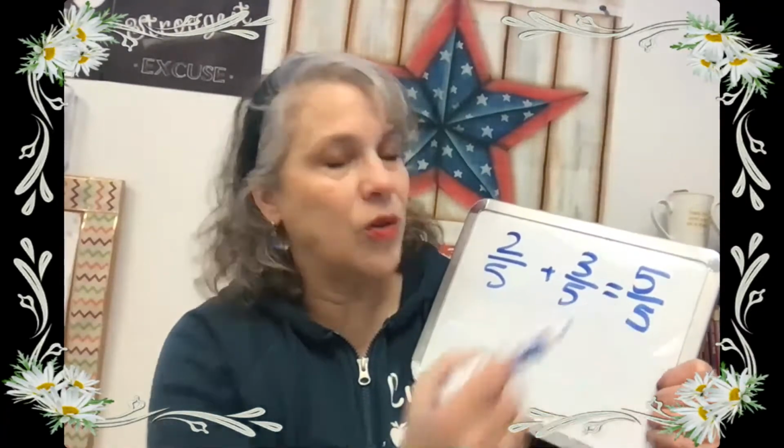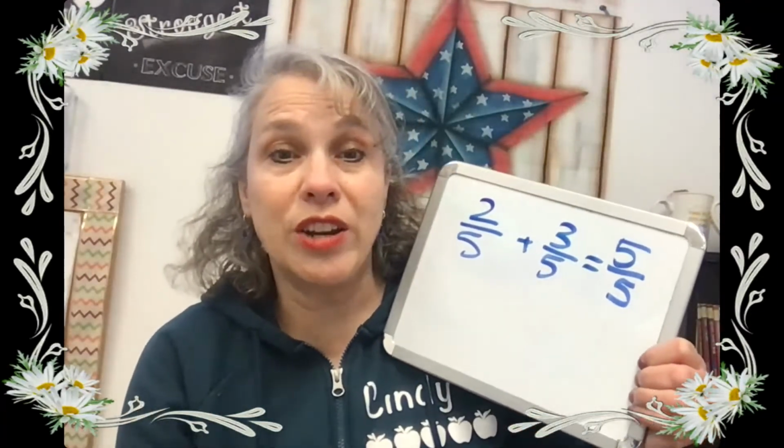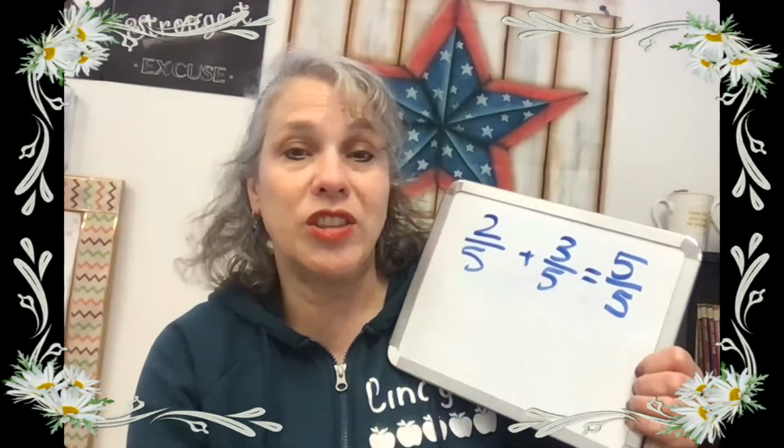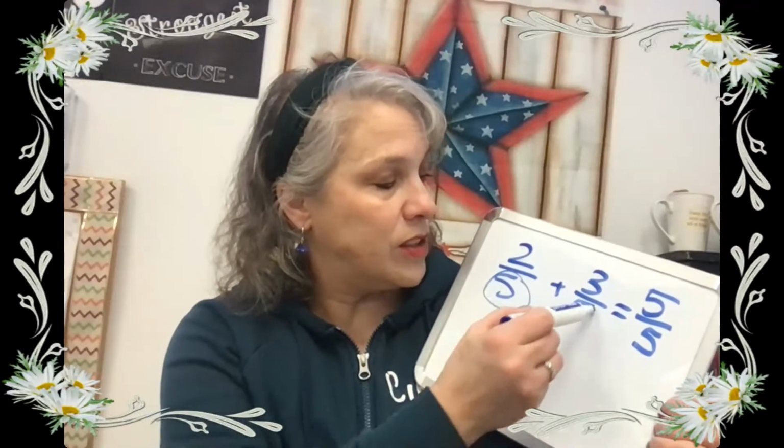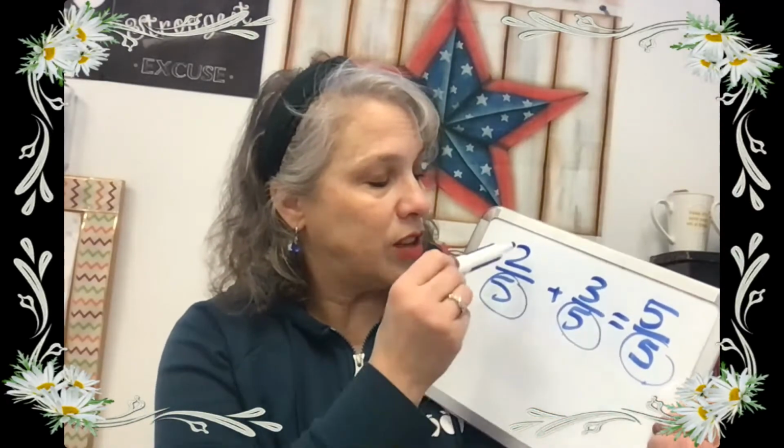You add the numerators, you keep the denominator the same. That's how you add fractions. Here I have the same denominator, so I keep that the same. It's like 2 apples plus 3 apples equals 5 apples.